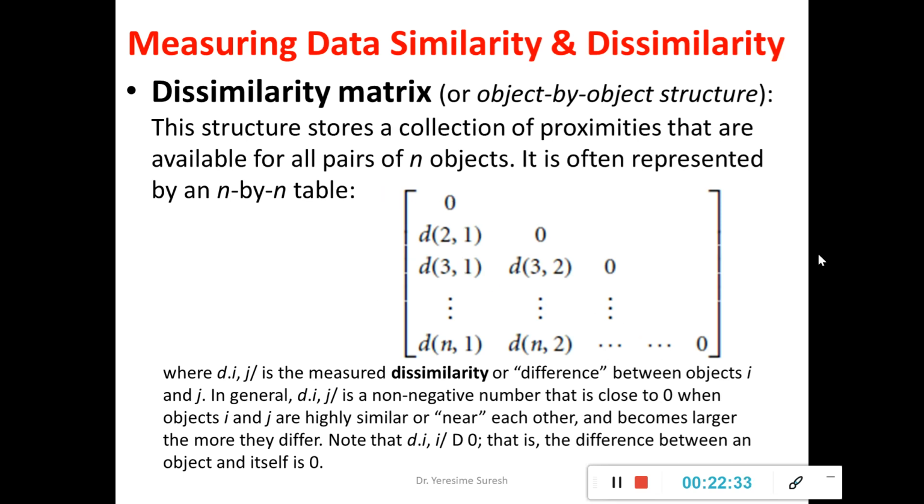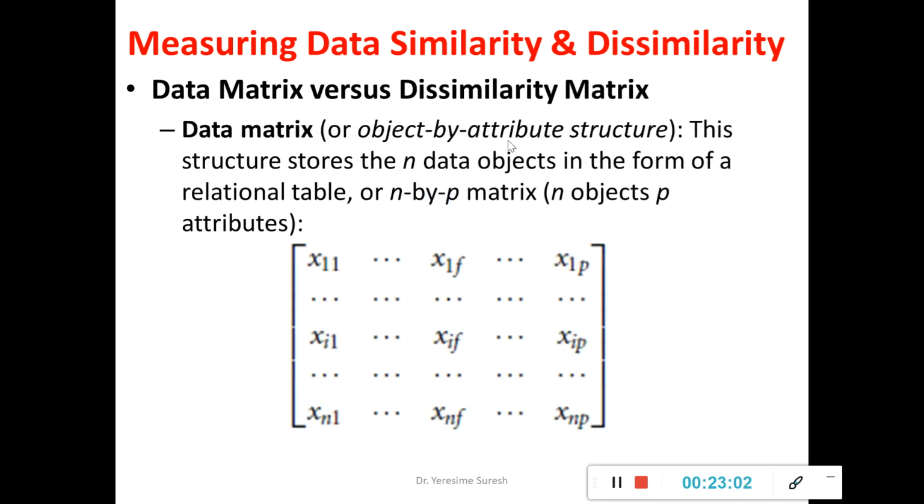And if you look at this matrix, if you calculate the values for the data objects of the lower triangular matrix, you can replicate the same to the upper triangular matrix. Here d in this dissimilarity matrix indicates the measured dissimilarity or difference between data objects i and j. So I have data objects i on the rows, and on the columns I have data objects j. On rows as well as columns I'll have a collection of objects, but in the case of a data matrix I'll have objects and attributes.